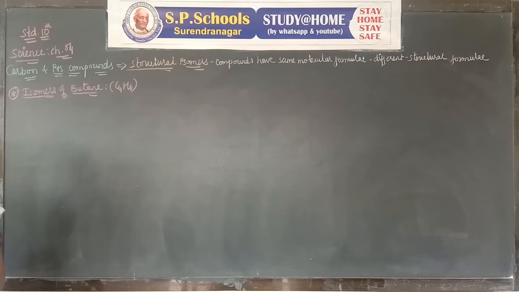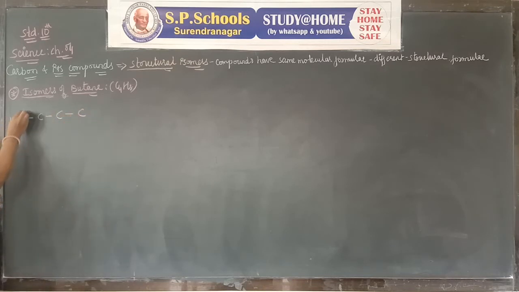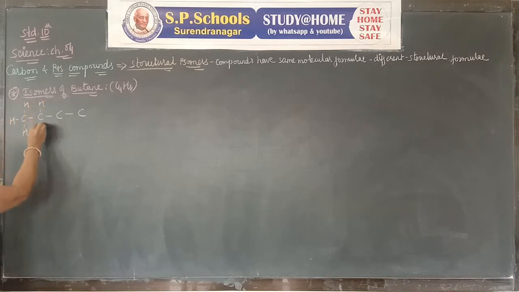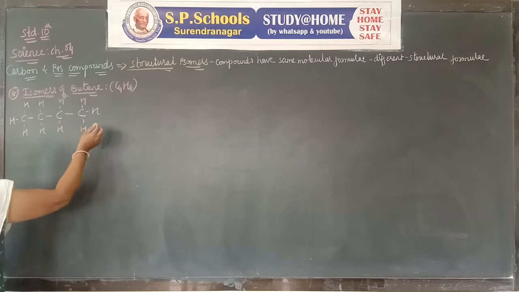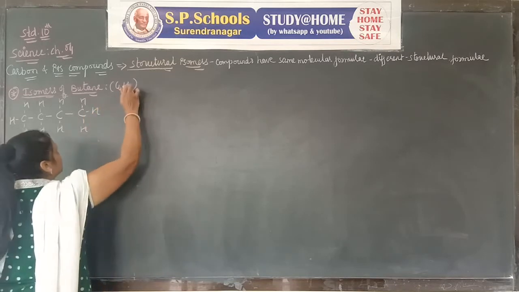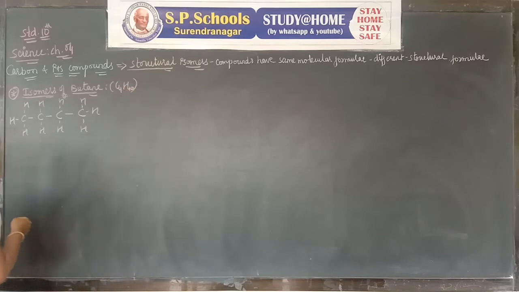So the first isomer of butane: 1, 2, 3, 4 carbon, and hydrogen 1, 2, 3, 4, 5, 6, 7, 8, 9, 10. Here write 10, C4H10.